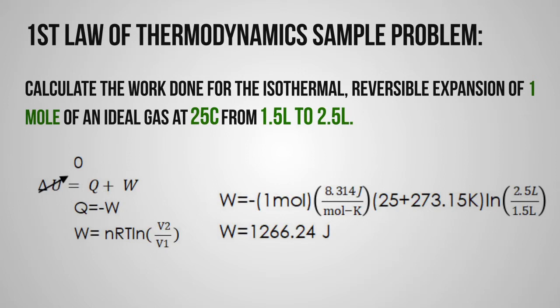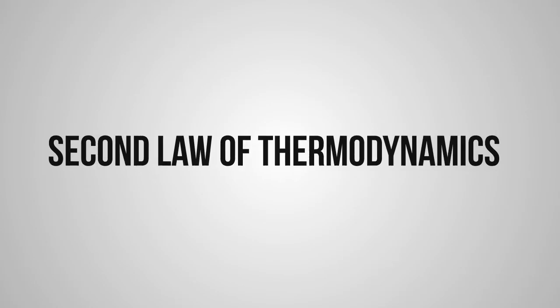W is equal to negative 1 mole multiplied by 8.314 joules over mole-K, multiplied by the conversion of temperature, which is 25 degrees Celsius plus 273.15 Kelvin, ln of 2.5 liters over 1.5 liters. Which results in work, W, equal to 1266.24 joules.